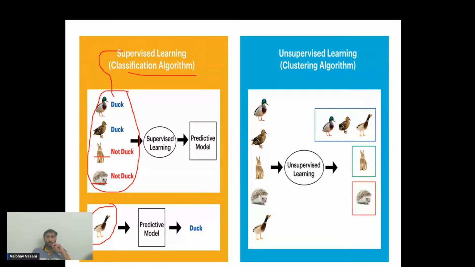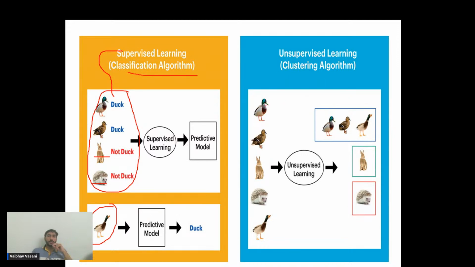It can be k nearest neighbor, or we can use random forest, or there are many algorithms, or maybe we can use a CNN, convolutional neural network, when you work on deep learning also, right? Then there is another type, that is unsupervised learning, a clustering algorithm.